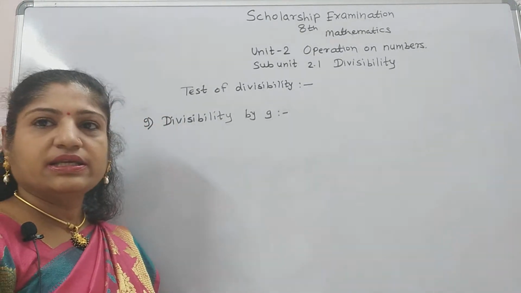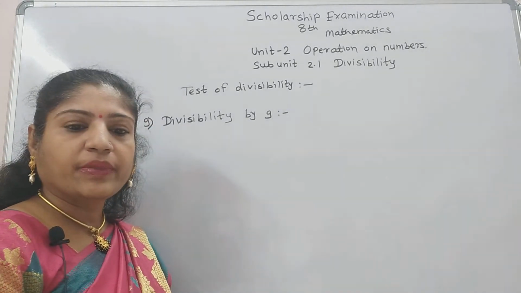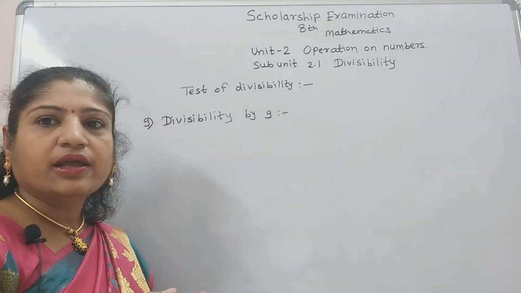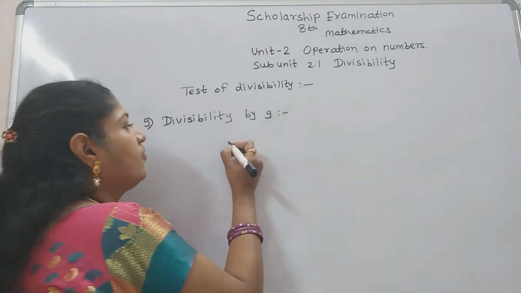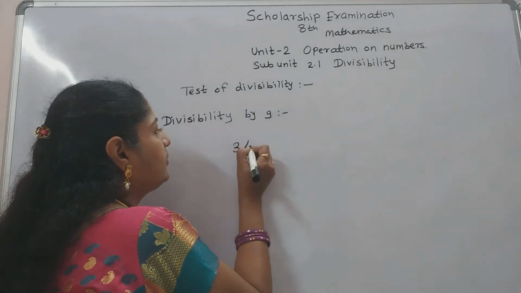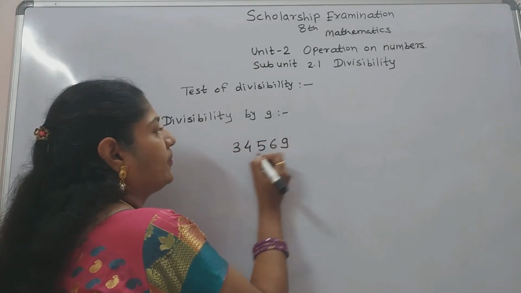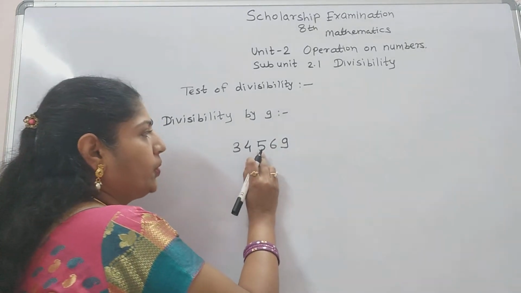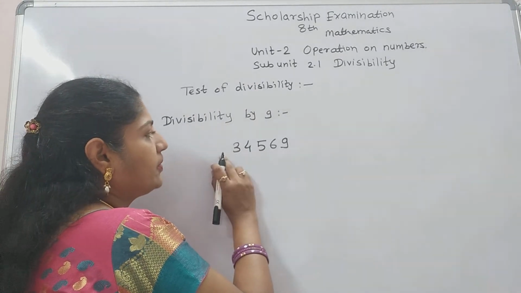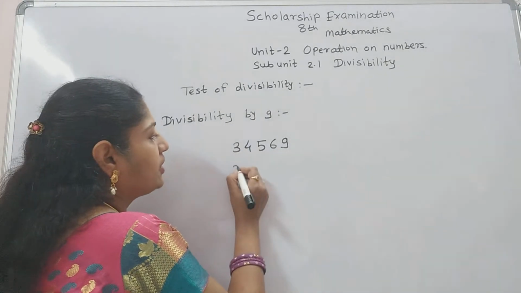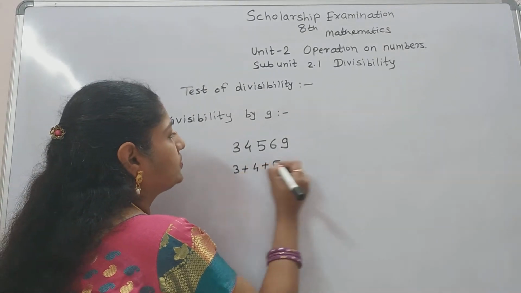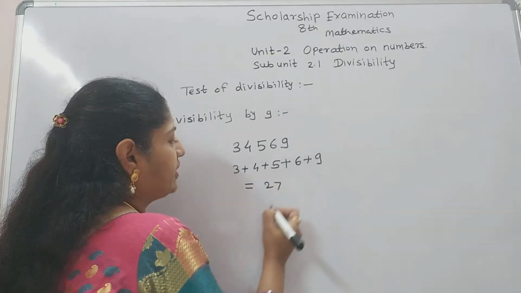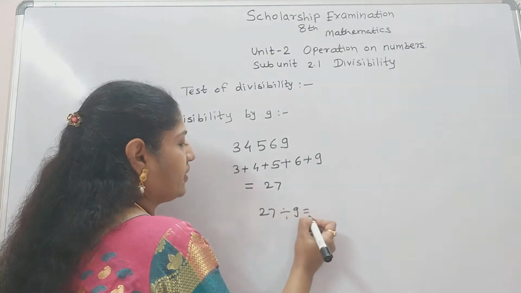Now next test is divisibility by 9. If the sum of all the digits in the number is divisible by 9, then the number is divisible by 9. For example, I take the number 34569. Now 9 plus 6, 15, 15 plus 5, 20, 20 plus 4, 24, 24 plus 3, 27. The sum is 27, and 27 is divisible by 9.